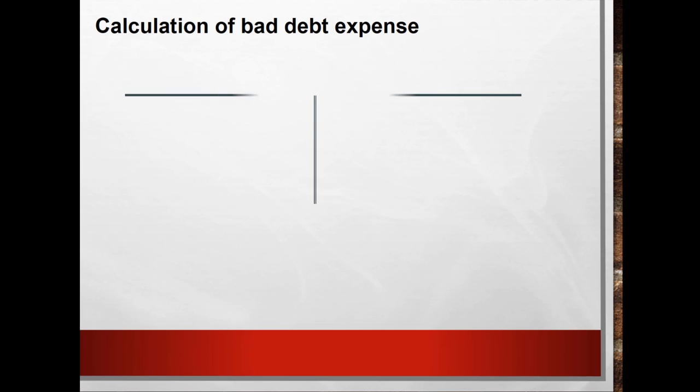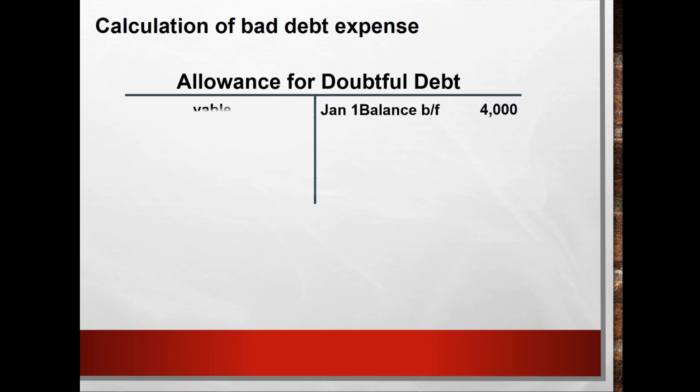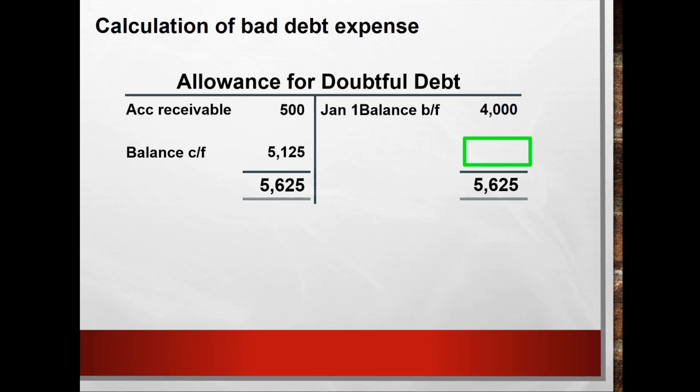Now we have to prepare the allowance for doubtful debts account because we want to calculate bad debt expenses. First, we must record all the transactions that relate to allowance for doubtful debts. There is only one. First, you write down the balance for doubtful debts 4,000 that we get from the question.